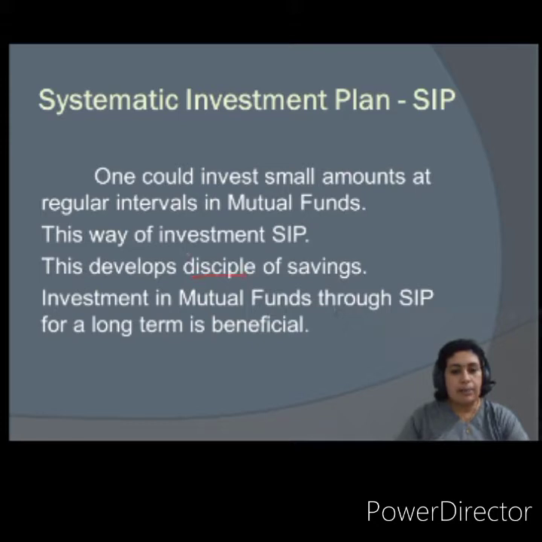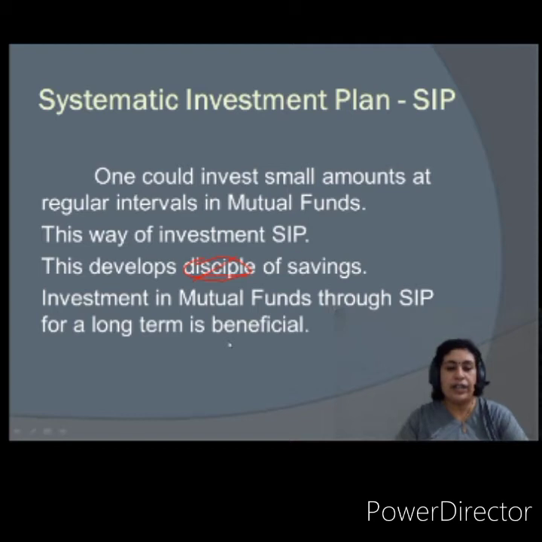Understand, this is wrong spelling. Discipline of saving. Now, investment in mutual funds through systematic investment plan for a long term is beneficial. For a long term, the number of years you go on paying the amount in small amounts at regular intervals is always beneficial.